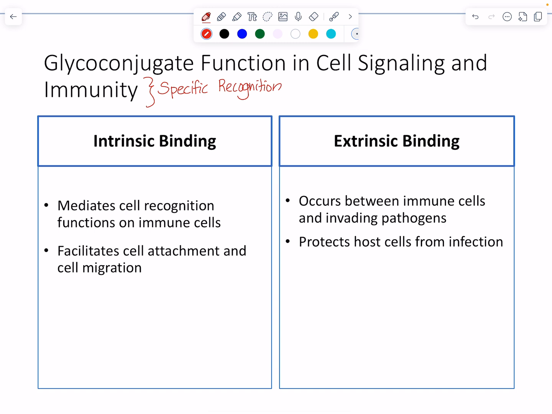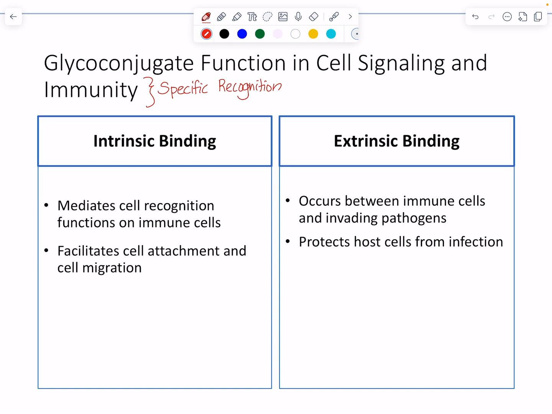We can have two types of binding that involve these glycoconjugates: intrinsic or extrinsic.